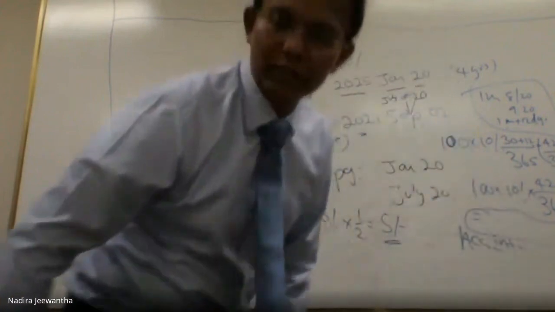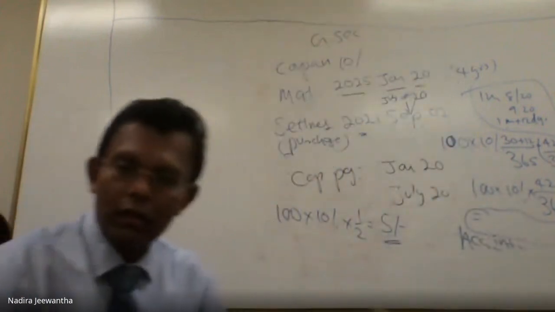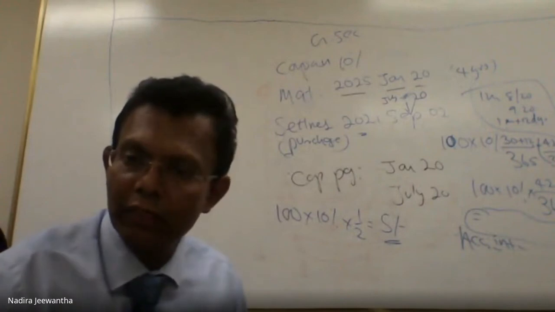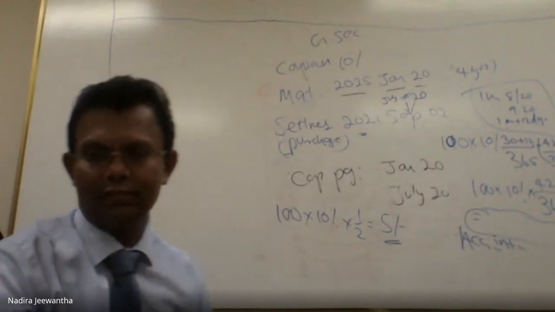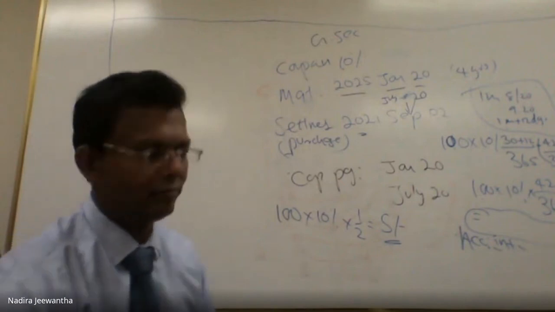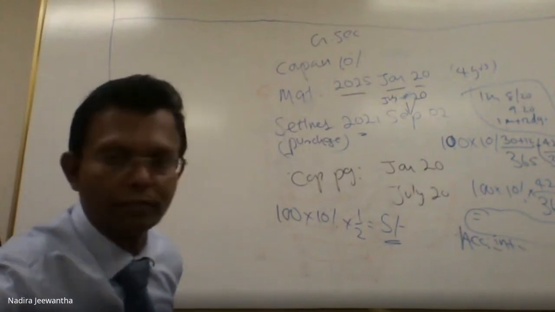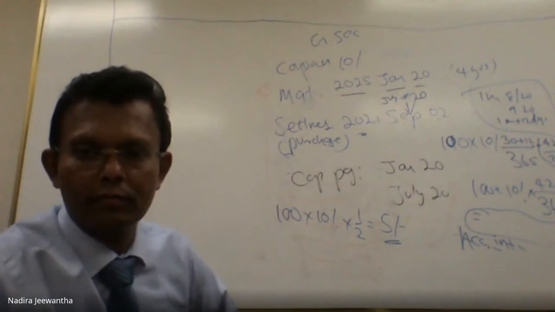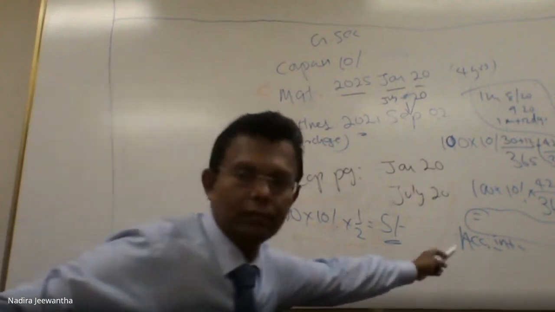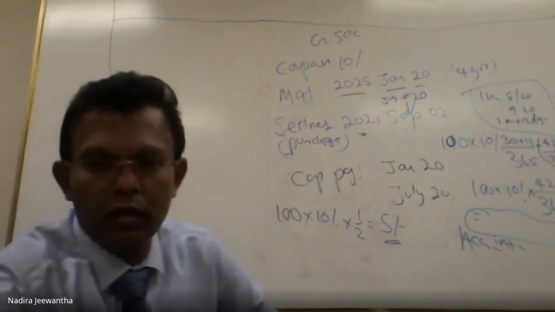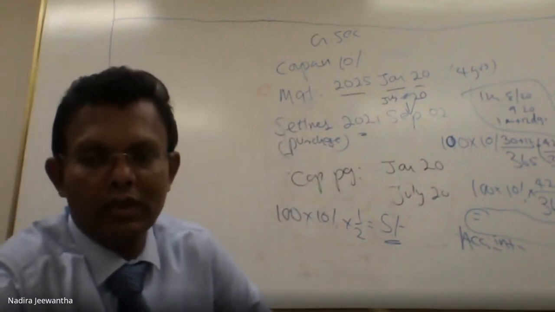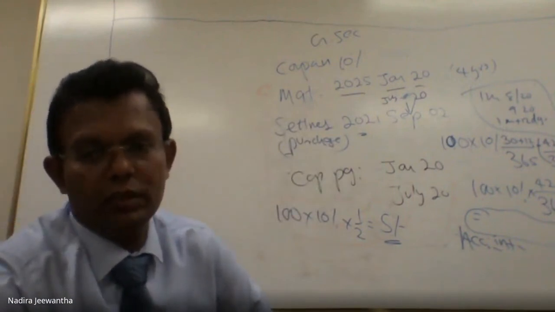Accrued interest is what? The coupon interest which is not entitled to the new purchaser.